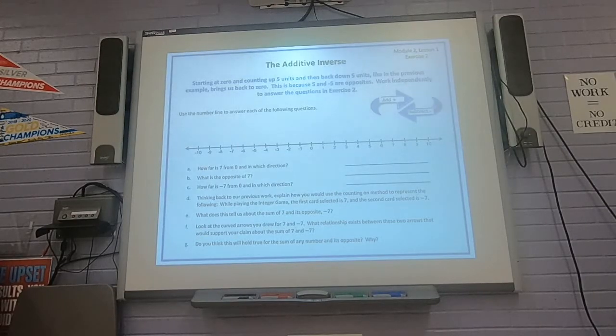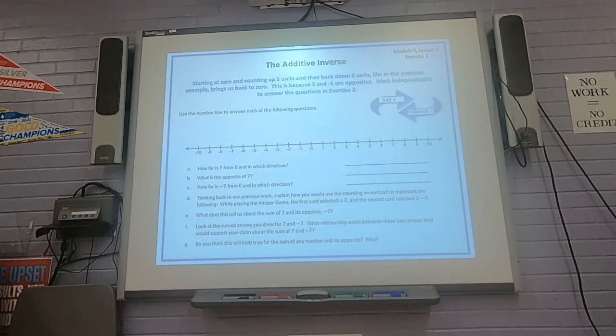Work independently, which you already did. To answer the question, exercise 2, they want you to do this using the number line. How far is 7 from 0 and which direction? So in order to answer that, I'm going to go to 7 and see how far it is from 0.